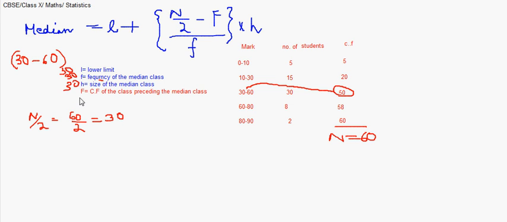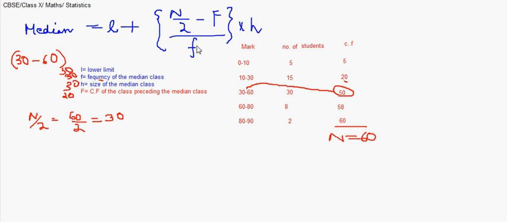What is left? F is the cumulative frequency of the class preceding the median class. Preceding is 10 to 30, and the cumulative frequency for that, F, becomes 20. So we substitute all this in the formula we have written above.